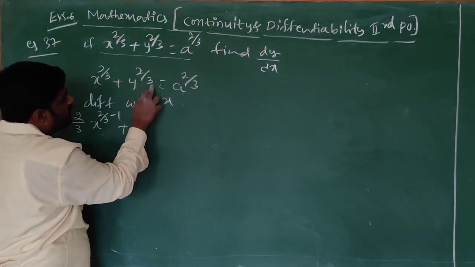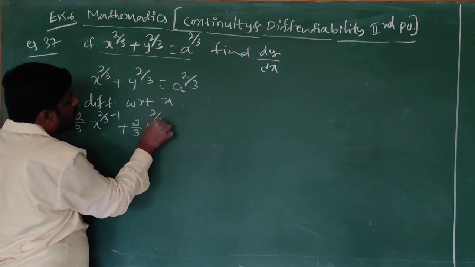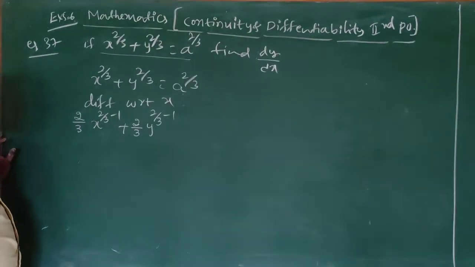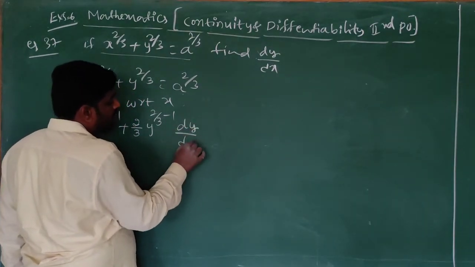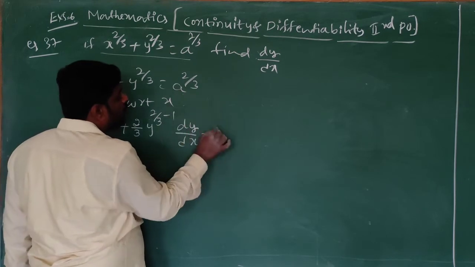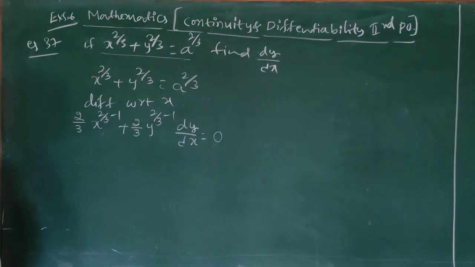First we can differentiate for 2 by 3. 2 by 3 into y to the power of 2 by 3 minus 1. And y differentiation is dy by dx. So a to the power of 2 by 3 differentiation is 0 because it is a constant.